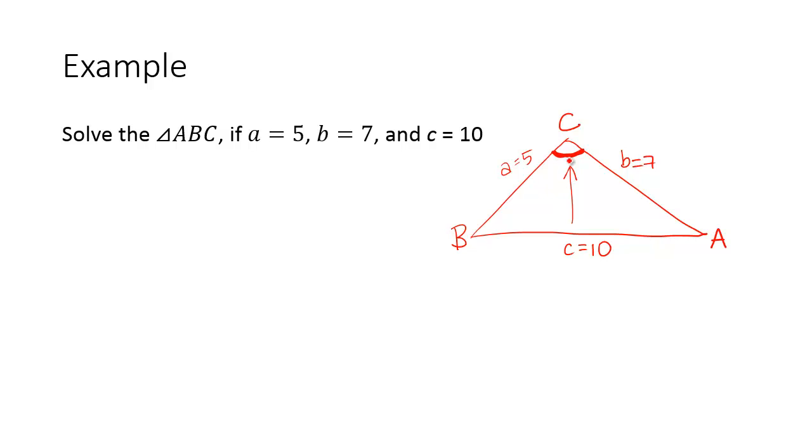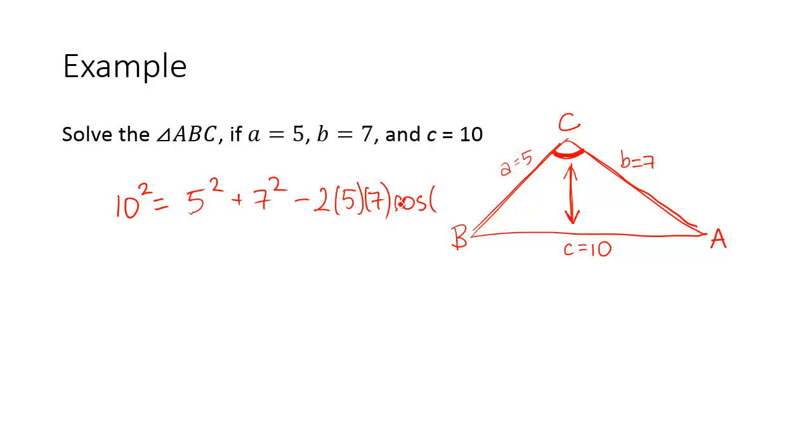What that tells us is the opposite side, which is kind of like our diagonal, 10 squared, is going to be equal to the side squares: 5 squared plus 7 squared, minus this factor of twice 5 times 7 times the cosine of the angle C.